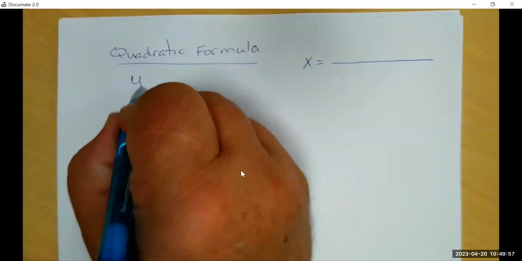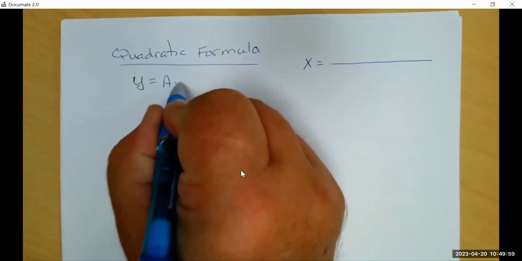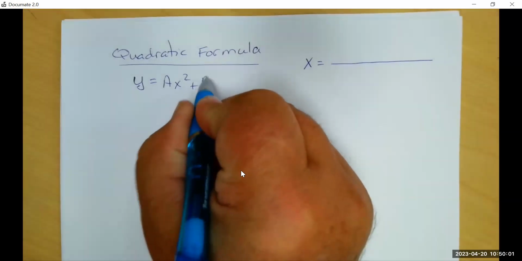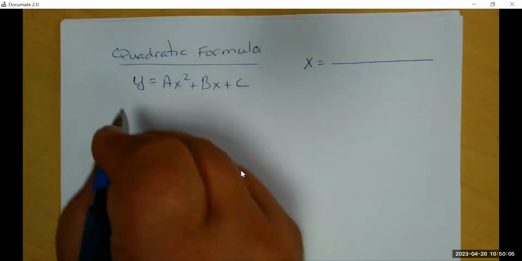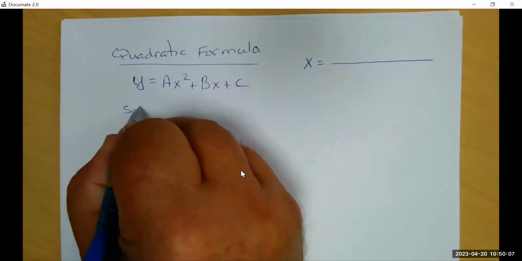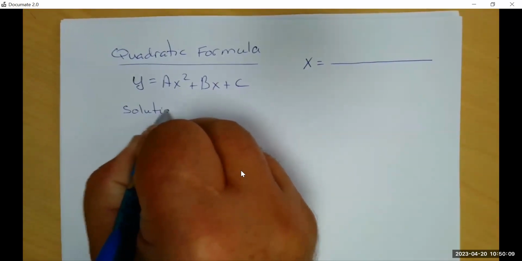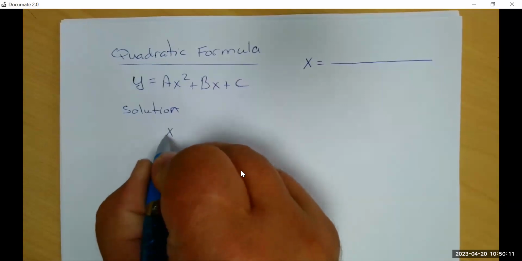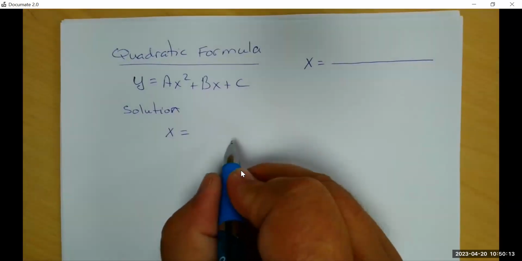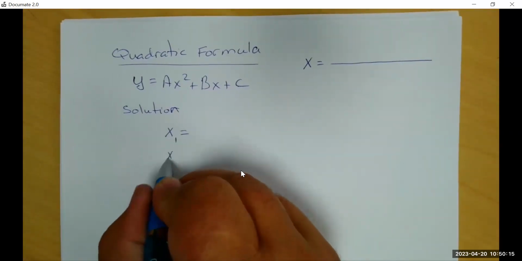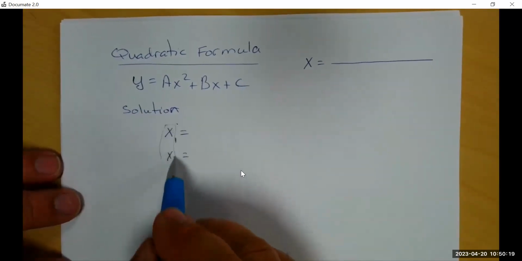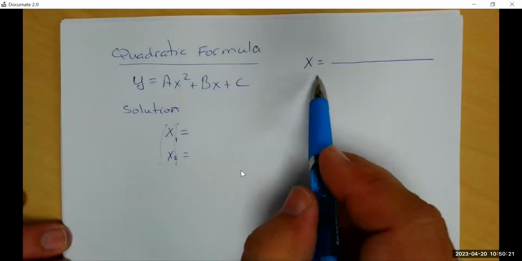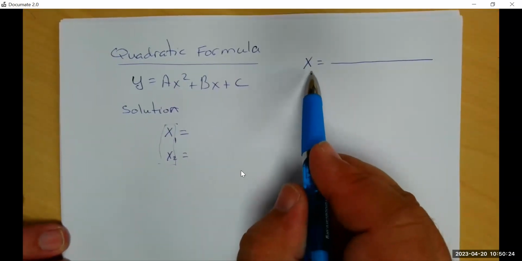We start off with an equation that looks like this, and our solution will look something like this. There's one x value and there's two x values. When we're asked to solve, we're looking for x. That's how come this formula starts off with x.